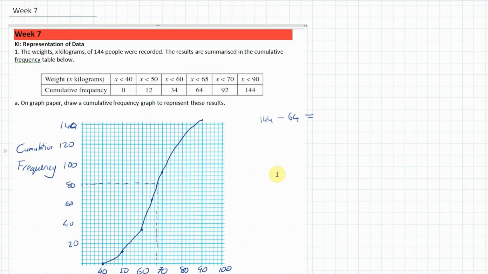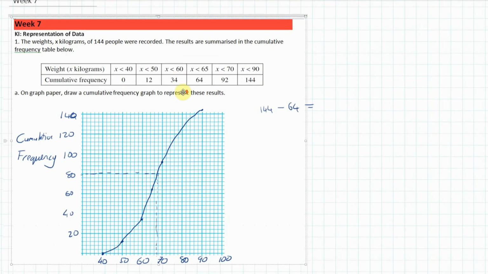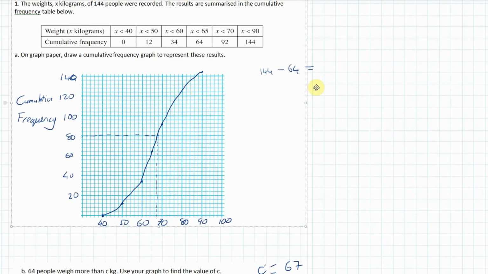Now calculate the estimates of the mean and standard deviation of weights. Okay, so I'm going to do it up the side here. The mean is easy because we just use our graph. Half of 144 is 72, so we go up to the 72nd person.